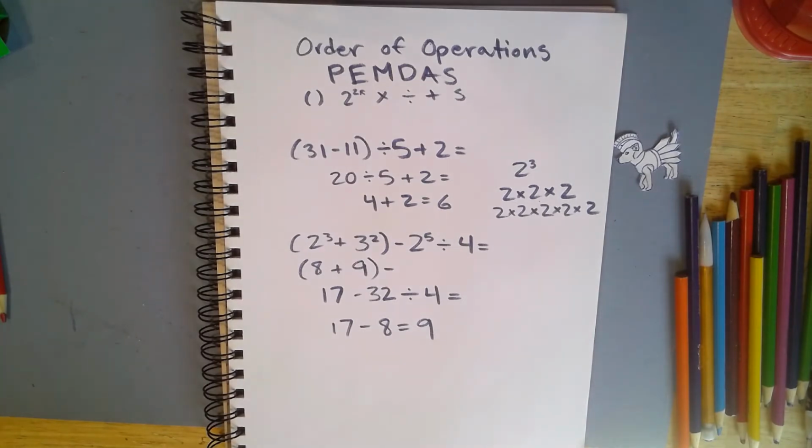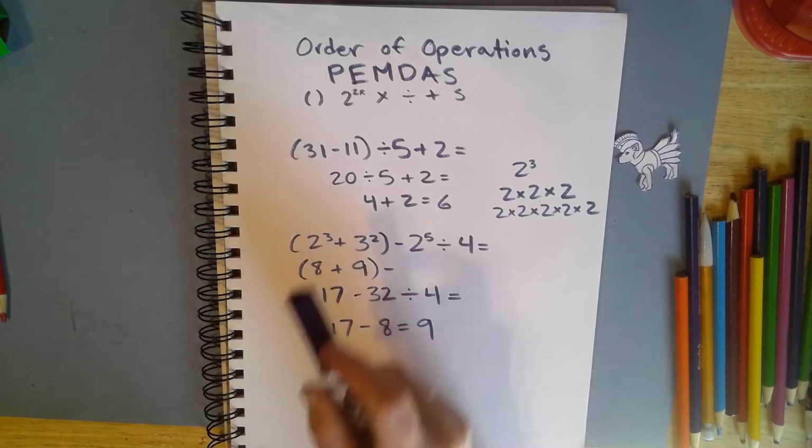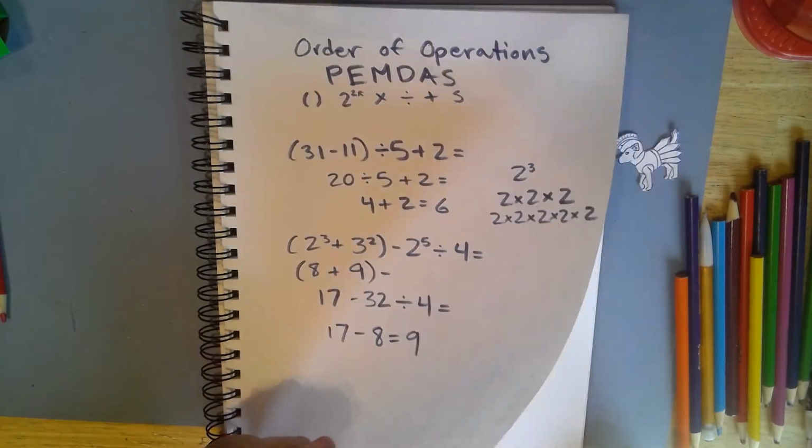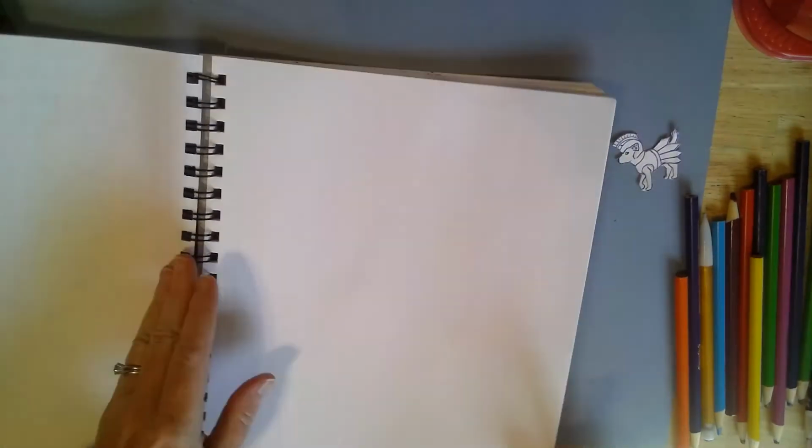But we're not going to just do math problems this whole time. Instead, we are going to be looking at how to excuse my dear Aunt Sally, because there's a mnemonic that goes with PEMDAS. So turn to the next page, and we are going to actually draw out Aunt Sally.